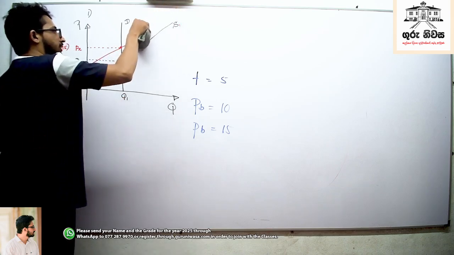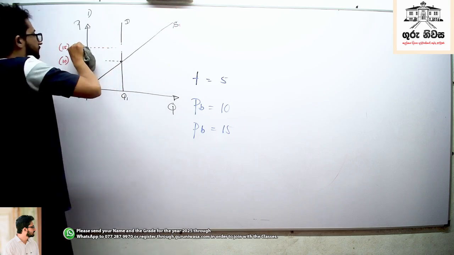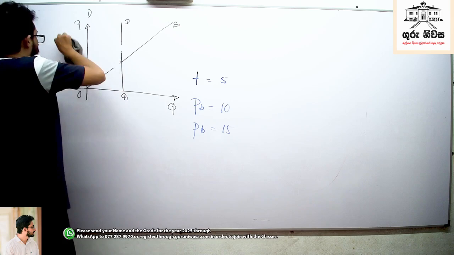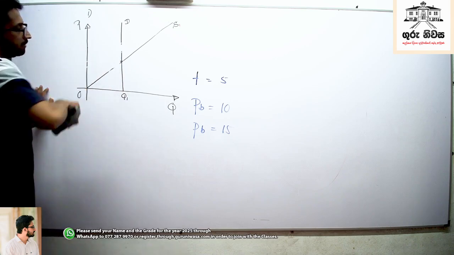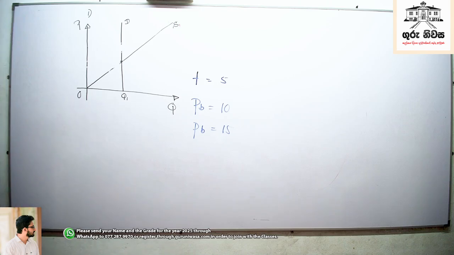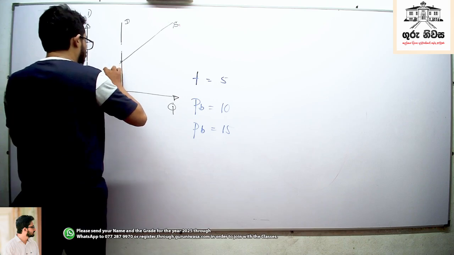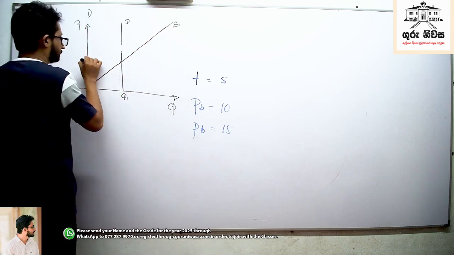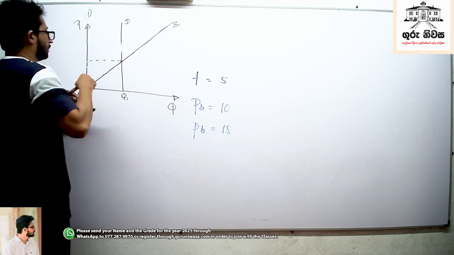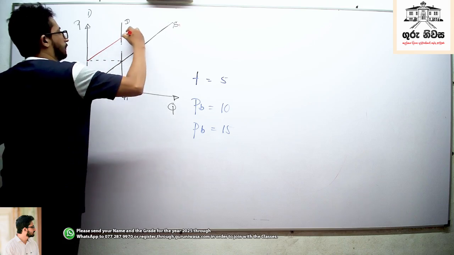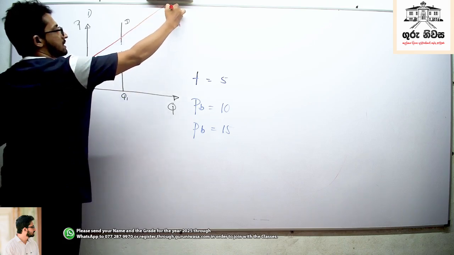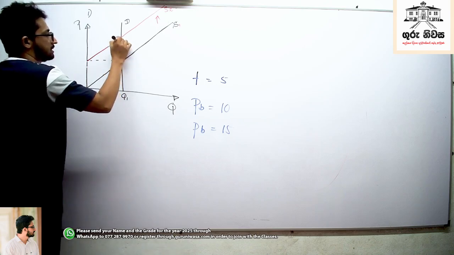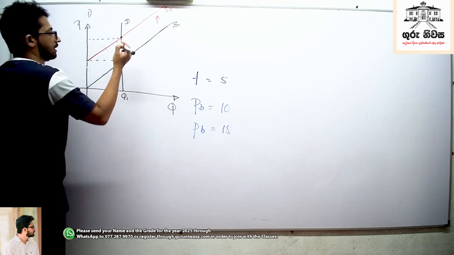I'll draw it. Assume this is S2. Then you can see the equilibrium price increases by the unit tax.